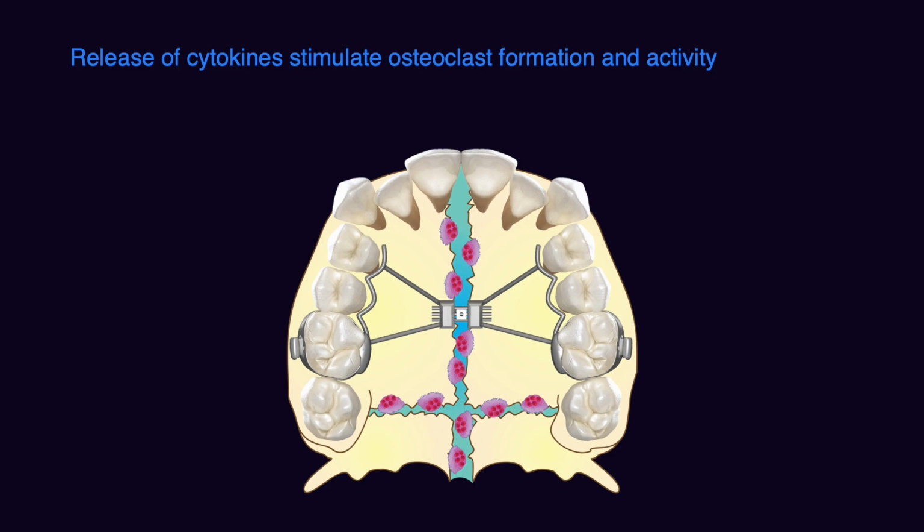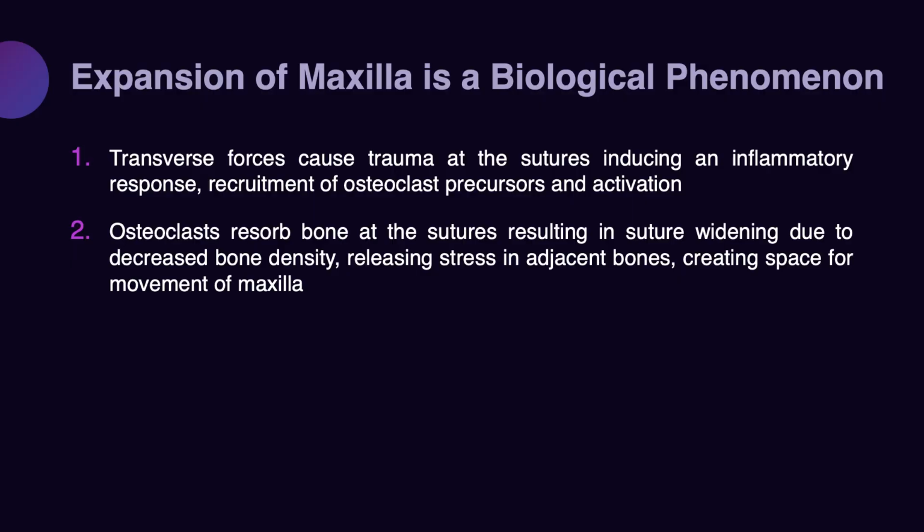So you can follow the marker of the osteoclasts in a couple of hours to days after application of forces. The osteoclasts start to resorb the bone and start the remodeling of the sutures. This is very important because they provide the space that the maxilla will move into in response to transverse forces.